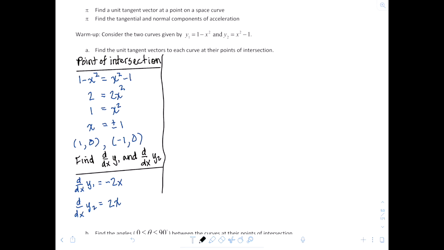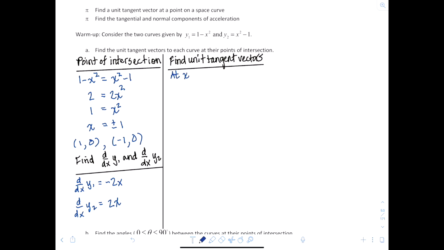All right, so now we need to find unit tangent vectors, right? So at x equal to positive 1, d dx of y1 is just going to be what?